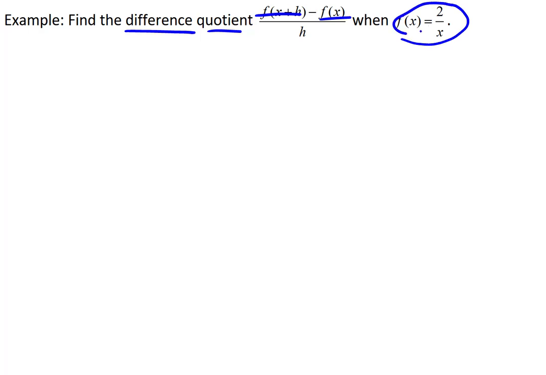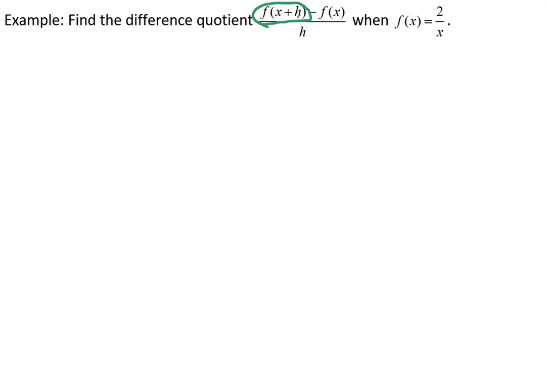So let's go ahead and find each piece of this difference quotient and then put it all together. It will definitely involve some simplifying by the time we make it to the end. Some color coordination will help usually on this. So we're going to consider the first expression of the numerator, f of x plus h, and I will do that in a color green. Now, this is just going to be using what we already understand for function notation.